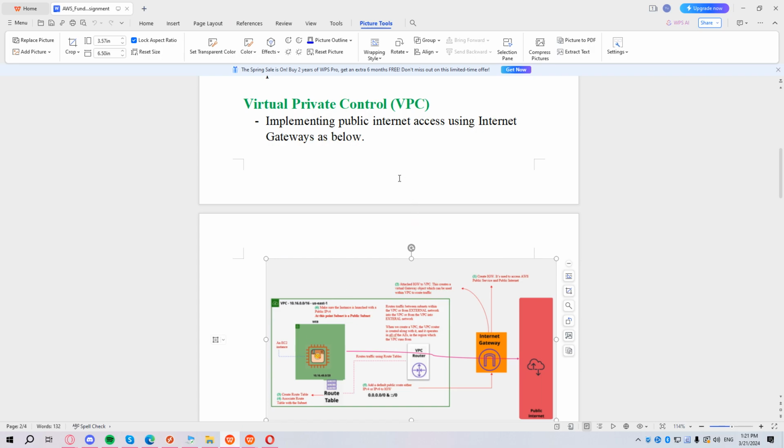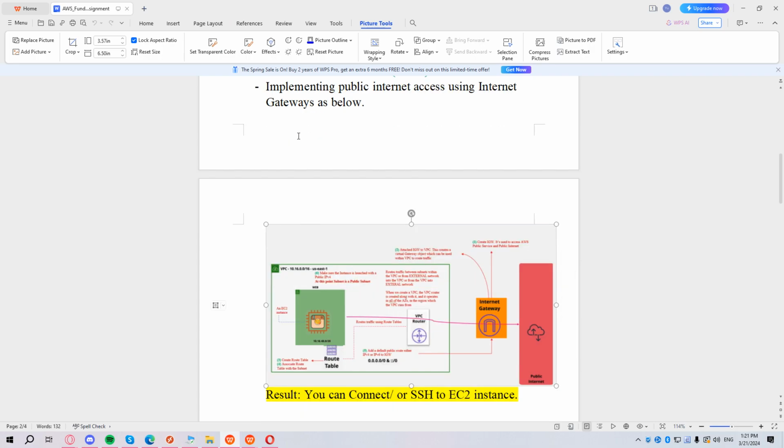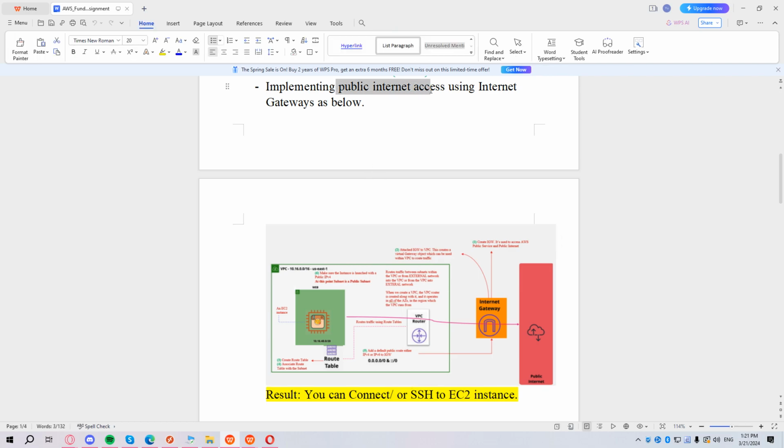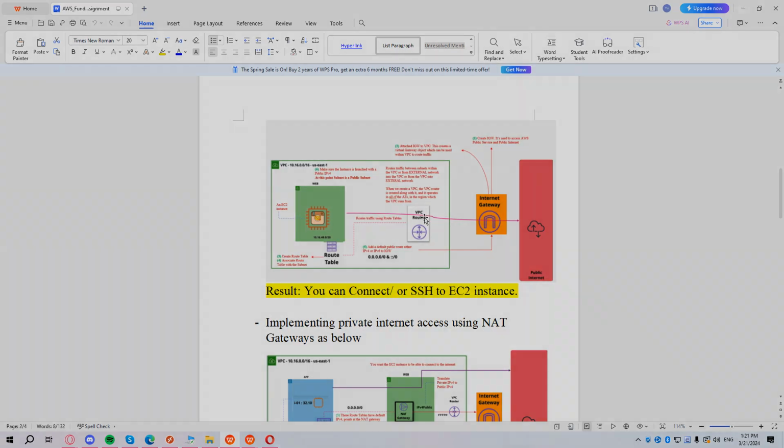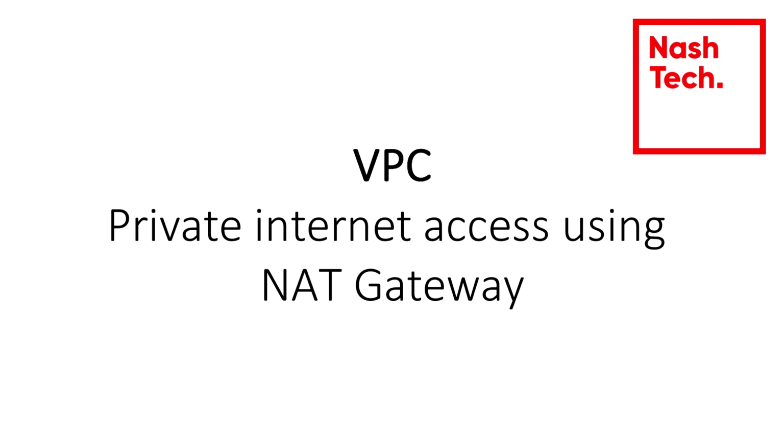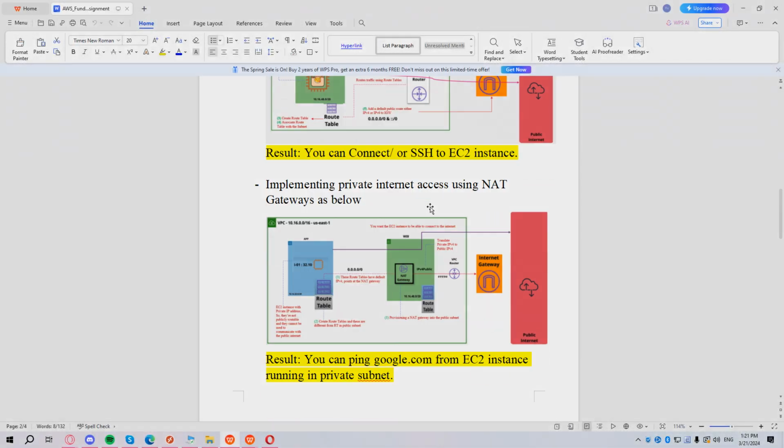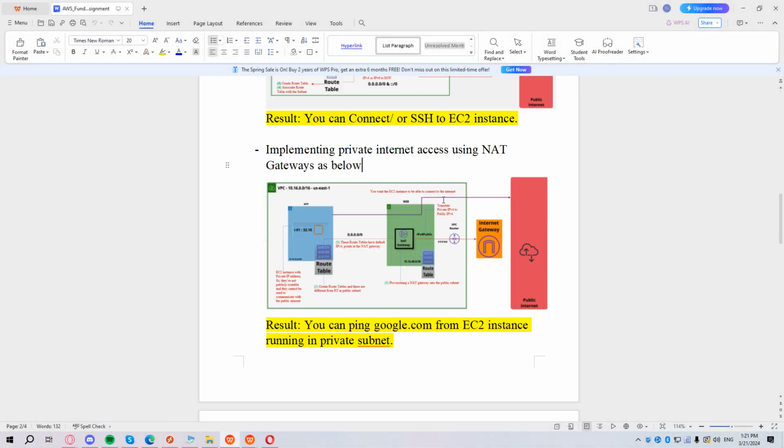So that was the first task done. We finished implementing public internet access using the internet gateway. Now let's go over the private internet access using the NAT Gateway.